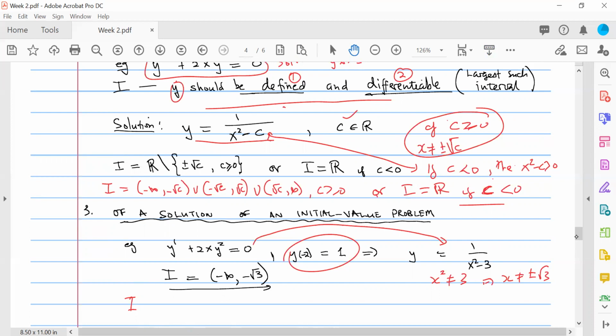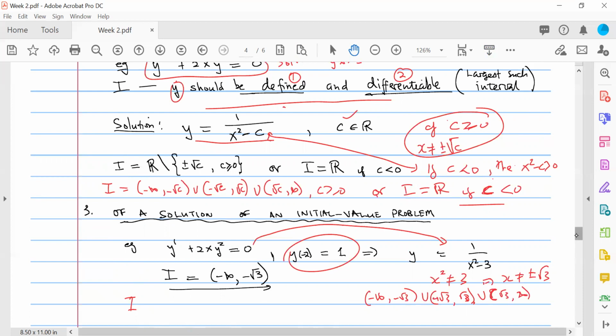So if we were looking at this without the initial conditions, then we were going to just say our interval is minus infinity to minus root 3, union minus root 3 to root 3, union root 3 to infinity.